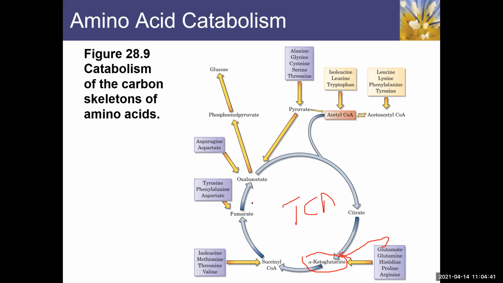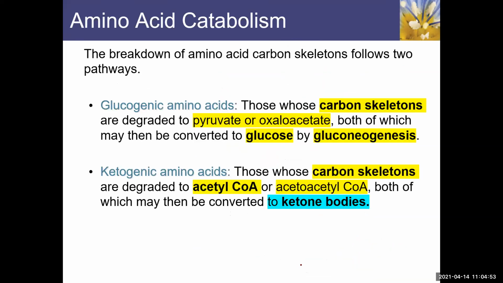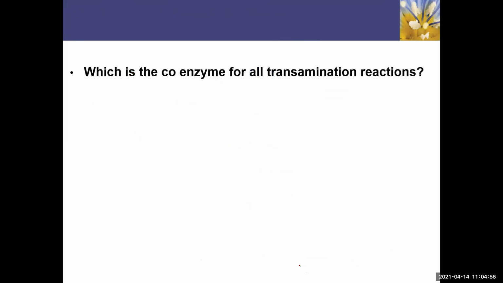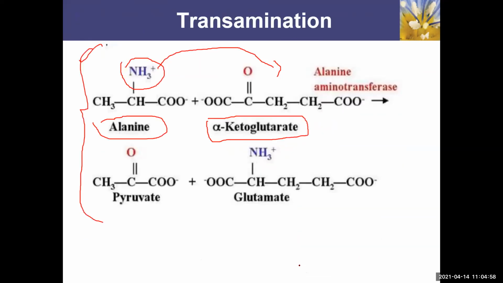Did you all understand the transamination? So simply transfer of the amino group from an amino acid to the keto acid is called the transamination. And what did we produce? We produced the alpha ketoglutarate, which can further enter into the TCA cycle.